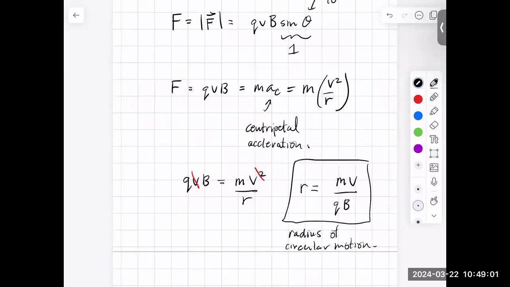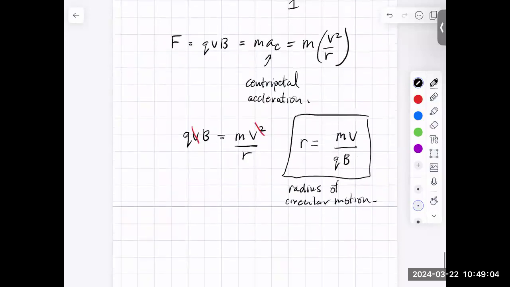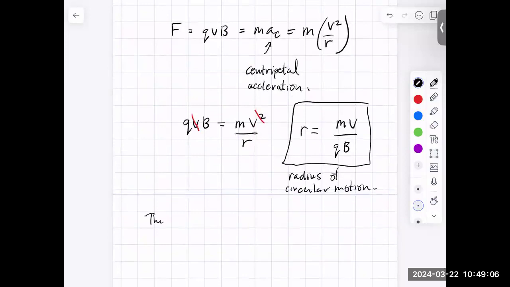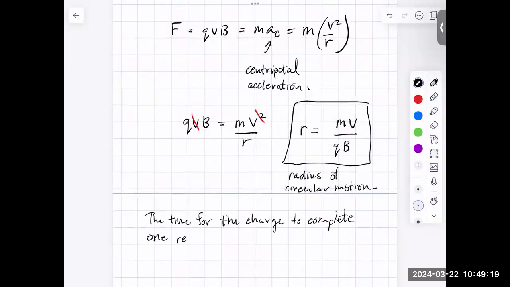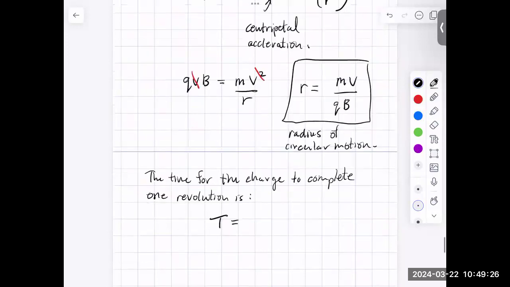Okay. Let's do one more thing. The time for the charge to complete one revolution is, so T, this is going to be the period of the motion. So one revolution occurs in time T. How would we calculate that?